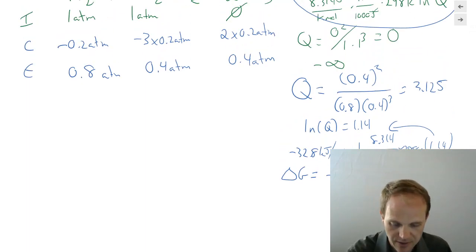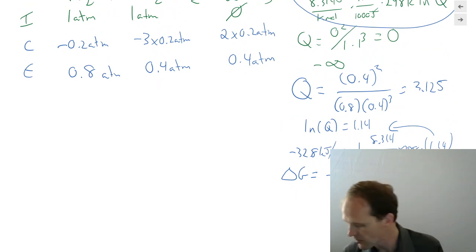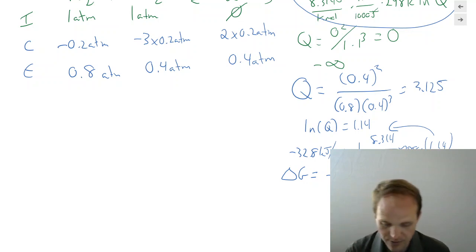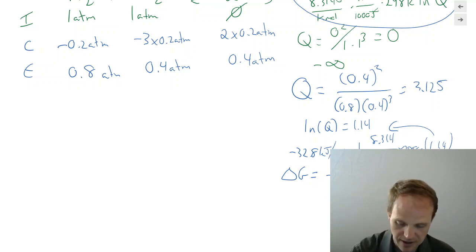But what I'm going to do now in orange is I'm going to put a situation together where we have reacted 0.33 atmospheres of my nitrogen. So we're going to do another CE. So we're starting with the same I, and we're going to do a CE here.